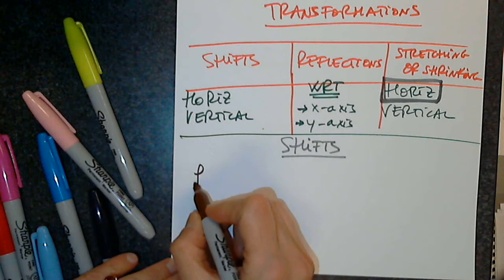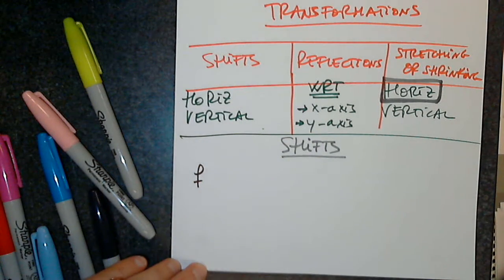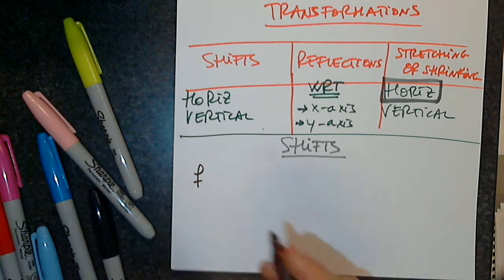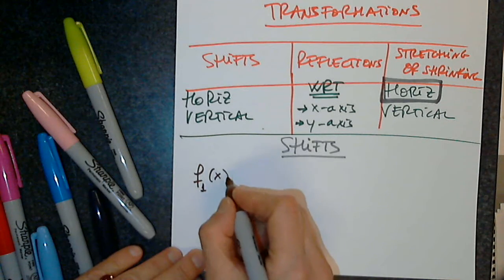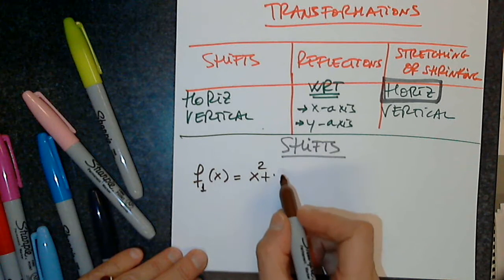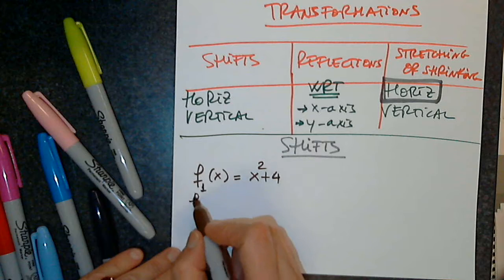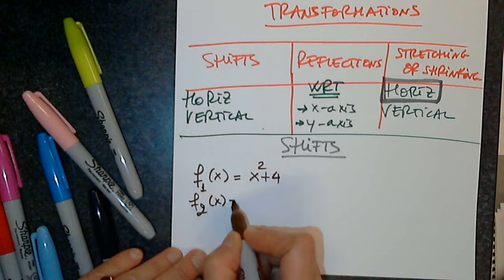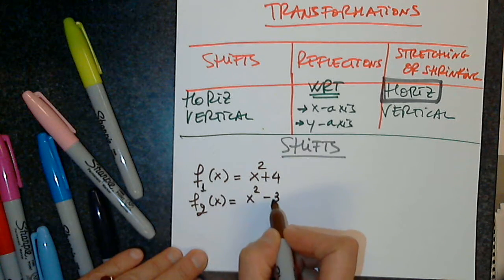Let's say I want to create, I'm going to call these functions f1 and f2 all the time so that you know there is a difference. So f1 of x equals x squared plus 4, and f2 is x squared minus 3.